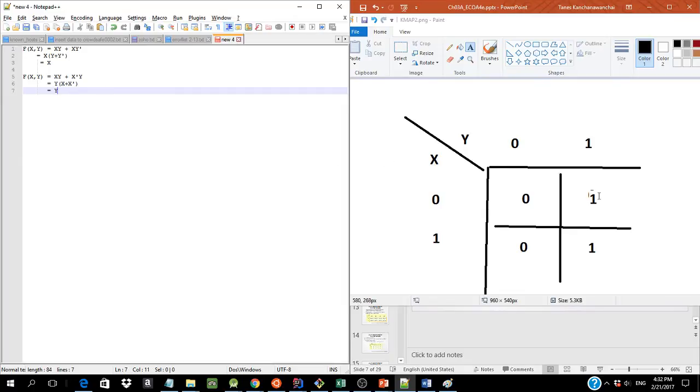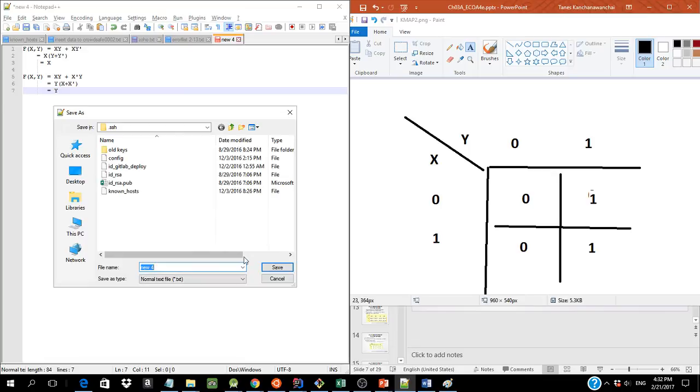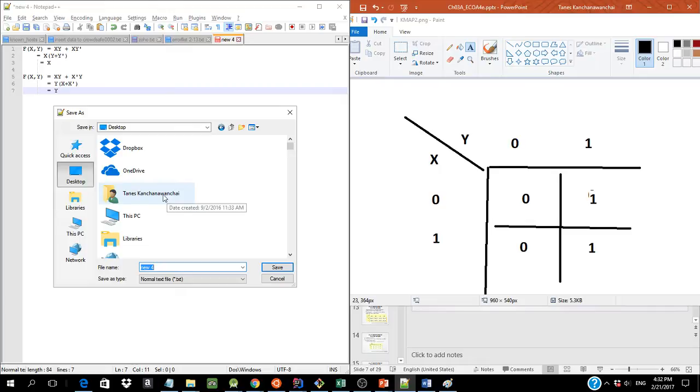Now let me show you the rules of Kmap when you simplify. So Kmap says you have to find a group of even number.